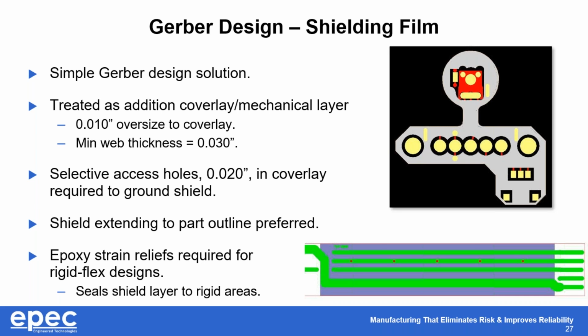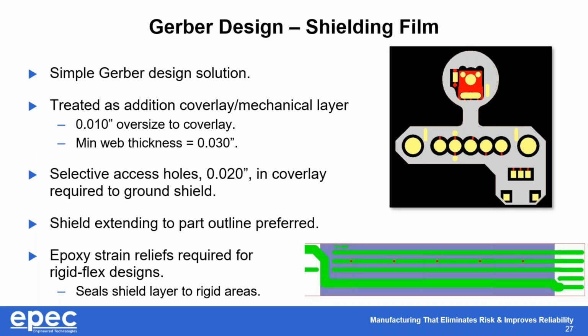Again, it accesses the ground net through selective 20 thou openings in the cover lay. In the vast majority of the designs, and the preferred solution is that the shield extends right out to the part outline. That's a preferred solution because when we create the flex circuit, we'll actually laminate the shield across the entire extent of the production panel.